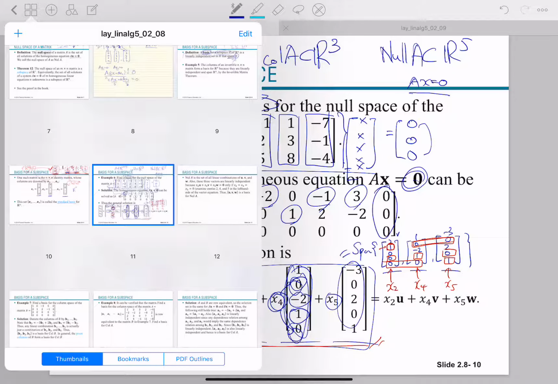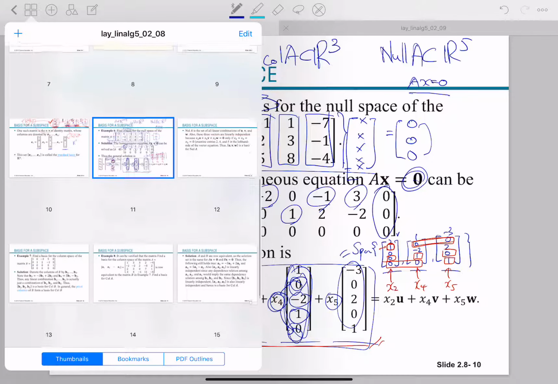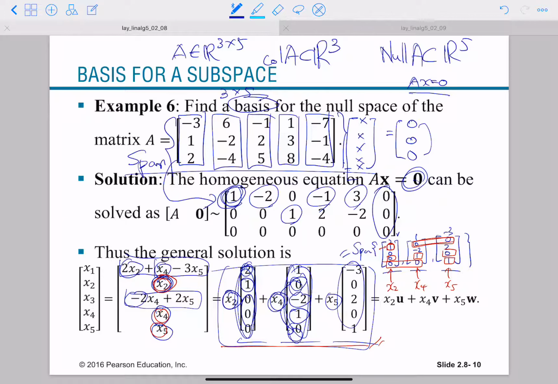All right, and then before moving to the next example, let's also think of the column space of this matrix. Again, the column space by definition is the span of these 5 columns, right?